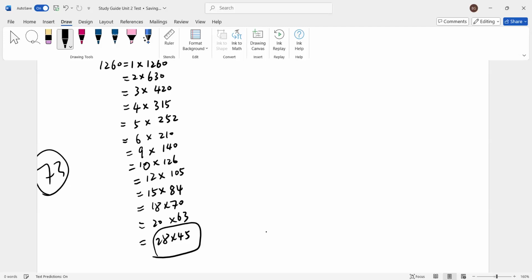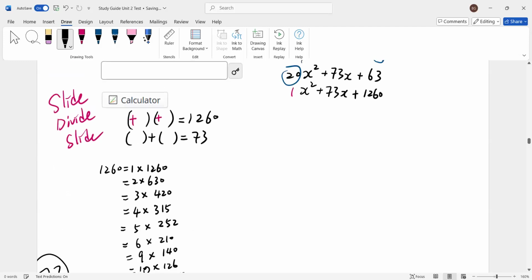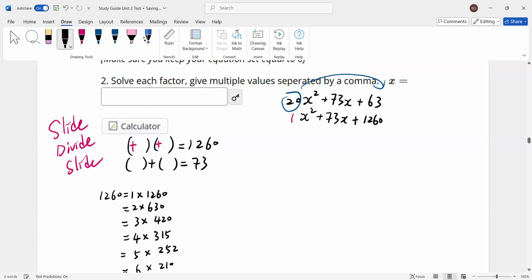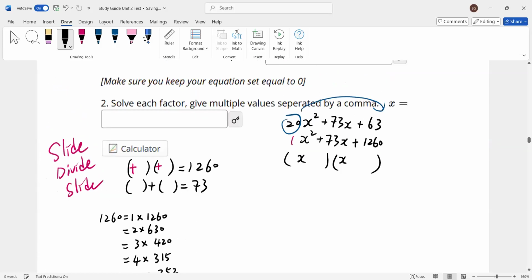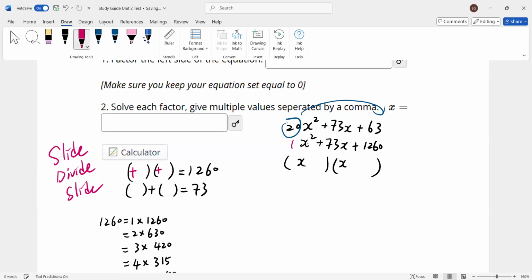Yeah. 28, 45, they add up to 73. So this polynomial can be factored as x plus 28 and plus 45, right? Did you say the same thing? I believe you have the same numbers, right?